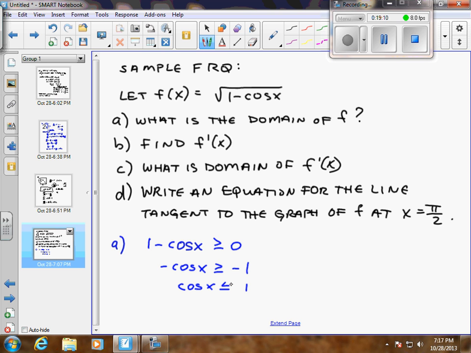When you take the cosine of an angle, don't your answers always fall between 1 and negative 1? So is there any number you can put in there for x that will make the cosine of it greater than 1? So that means x is all real numbers, negative infinity to positive infinity.